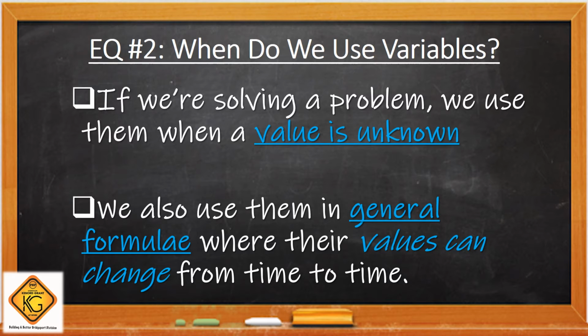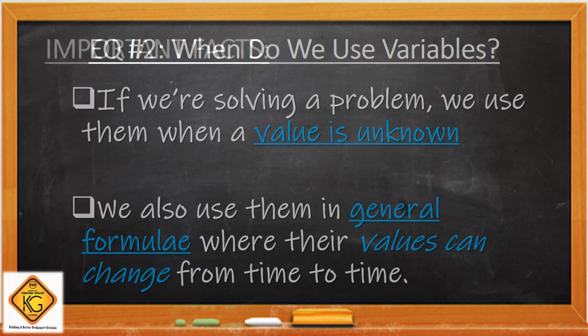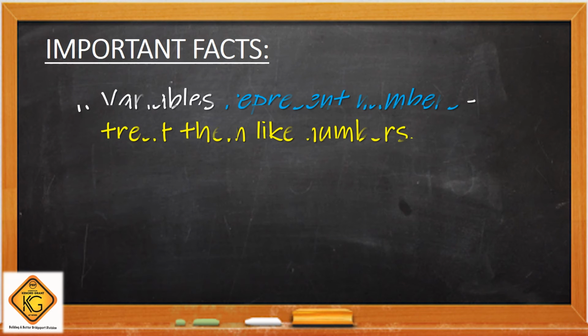That being said, there are two very important facts about variables that we should point out. These facts, I believe, will help us to appreciate the value of variables in math and make algebra a little easier to understand. Firstly, variables represent numbers, which means we treat them the same way we treat numbers.